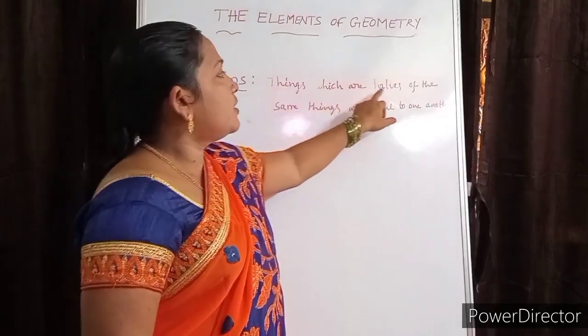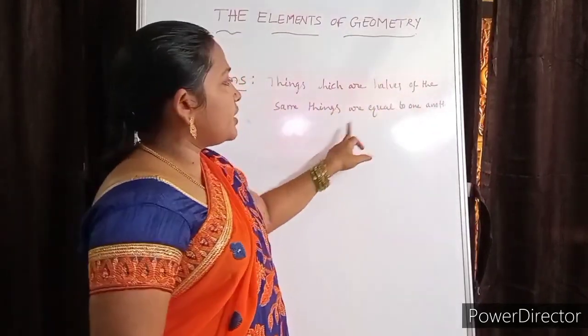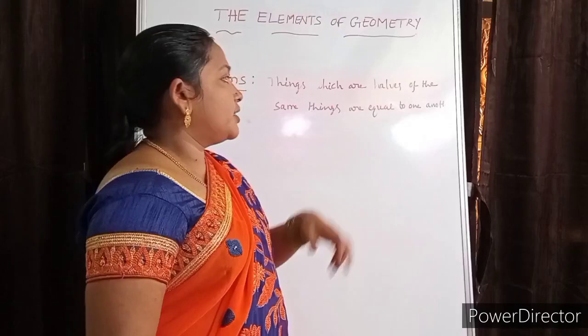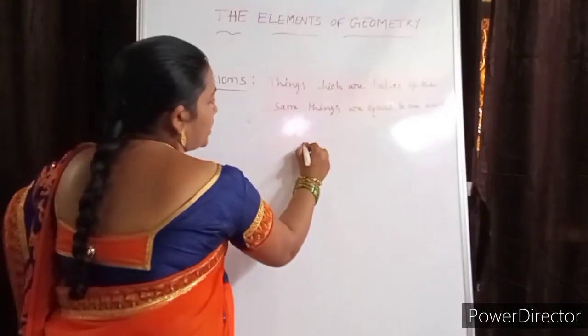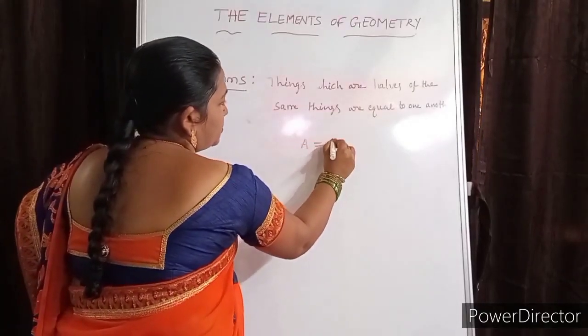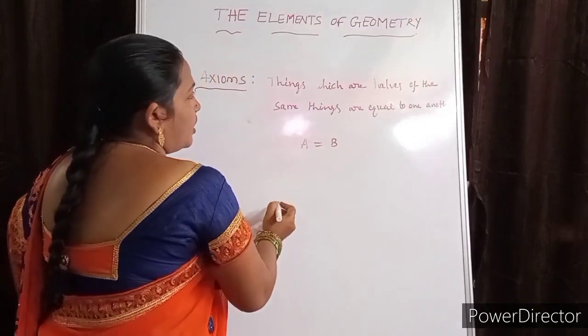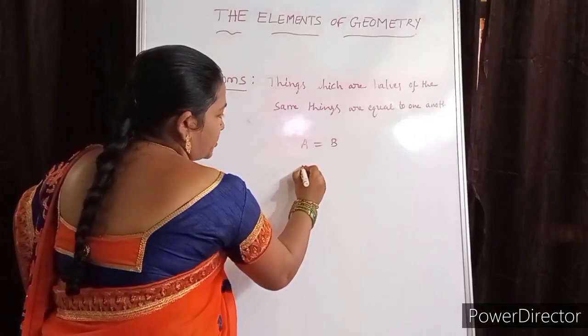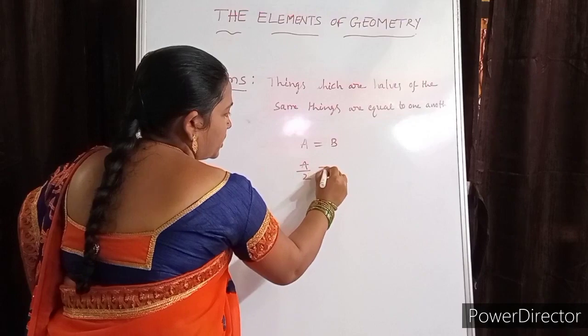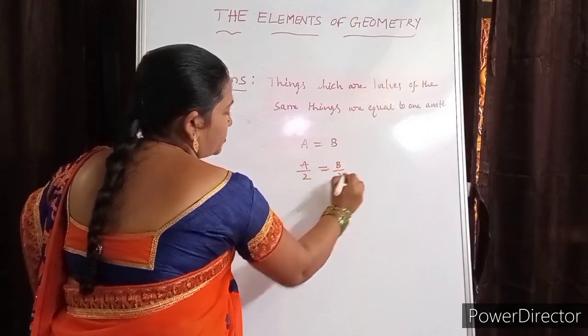Things which are halves of the same things are equal to one another. For example, A is equal to B. Halves means divide by 2. A by 2 is equal to B by 2.